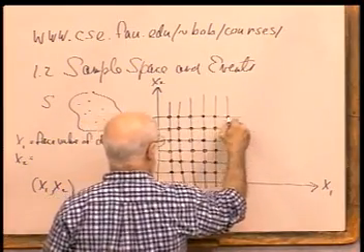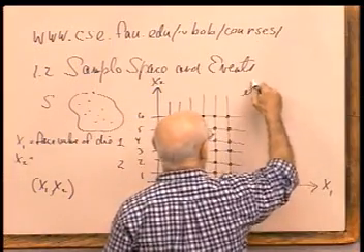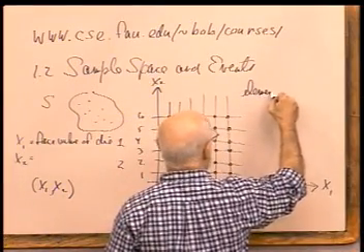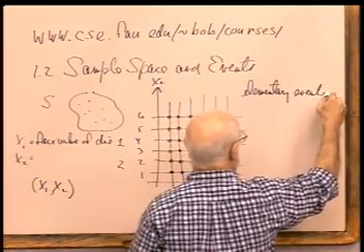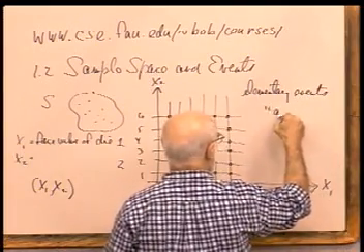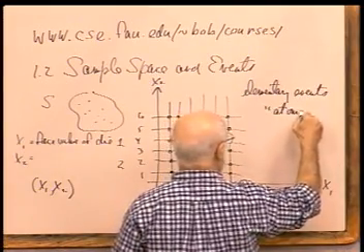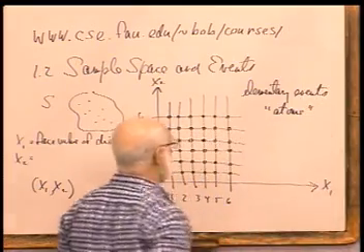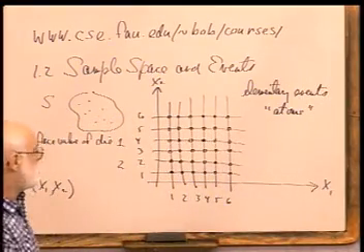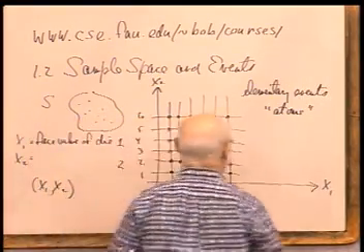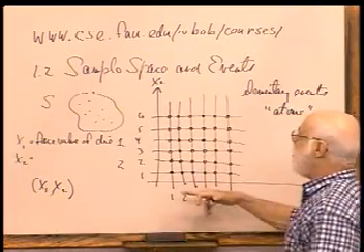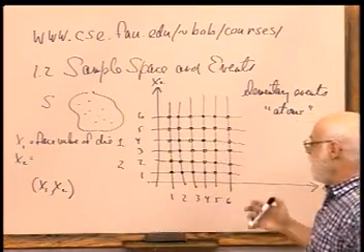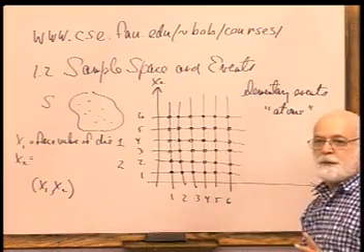So let me write that down. We're talking about what are called elementary events. And these are like, I'll put this in quotes, atoms, in the sense that they're the smallest possible events. So when I say that I have these 36 points in my sample space, what that means is that that's all I'm considering in my model.